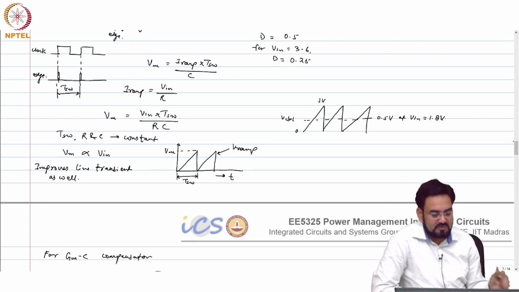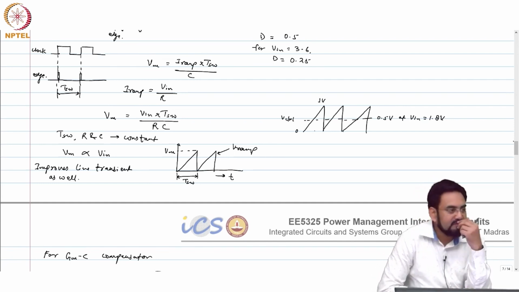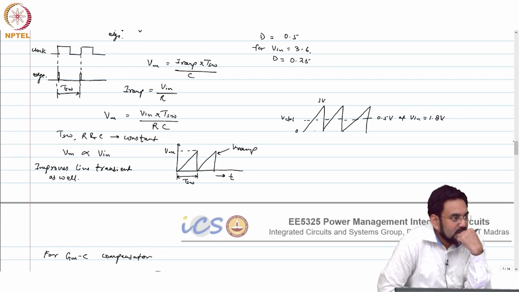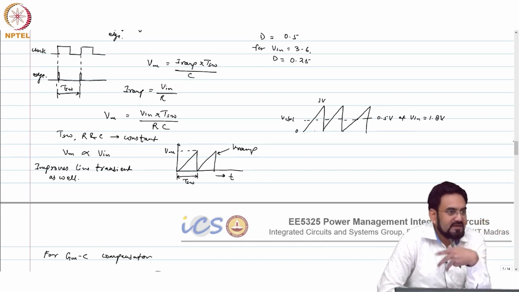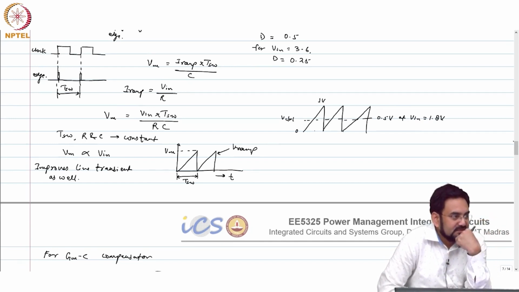What would happen to this ramp when it goes to 3.6? We are making it proportional to Vin, no? So it should go to 2 volt. If it goes to 2 volt, then at 0.5, what duty cycle will you get? 25%. So directly you will get the duty cycle, because of your ramp.